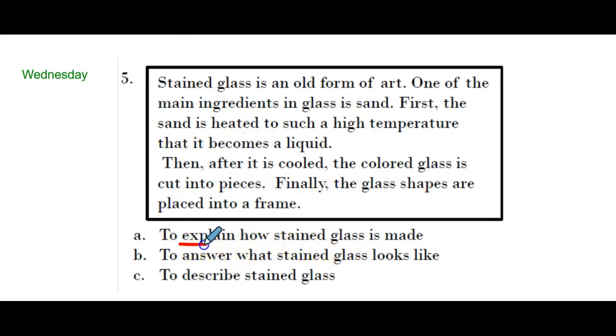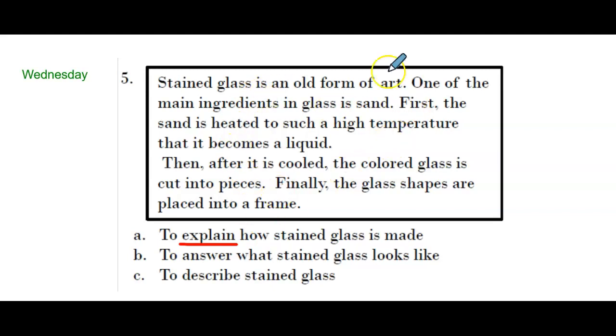That's right, explain. Can you remember what explain means? Yes, it means using transition words like first, next, then, or last. Or maybe talking about steps using numbers like step 1, step 2, step 3, and step 4.